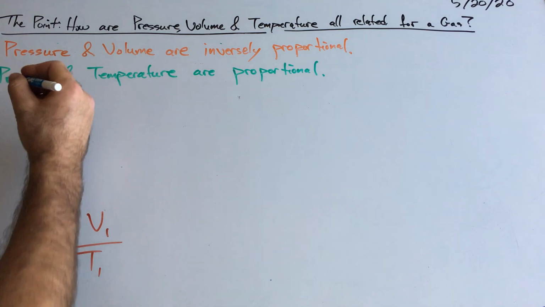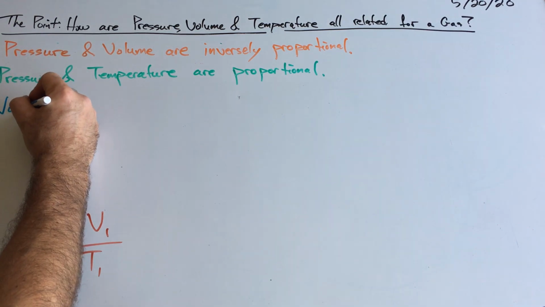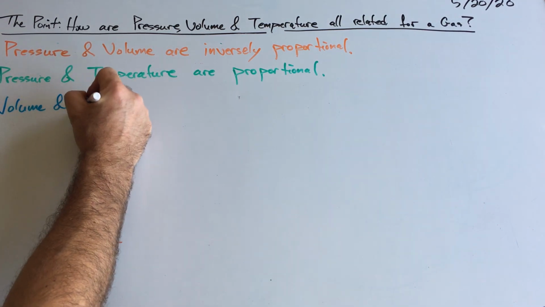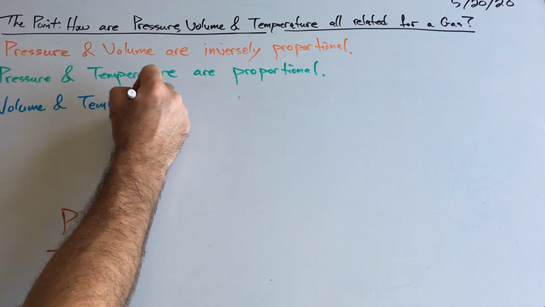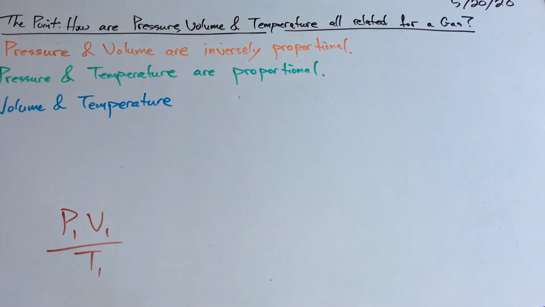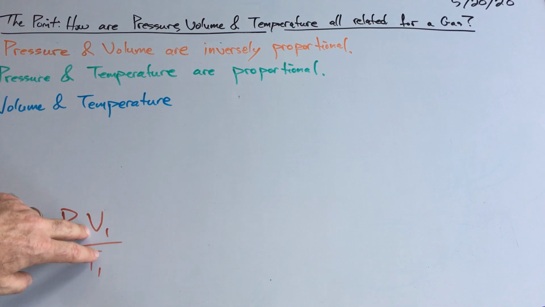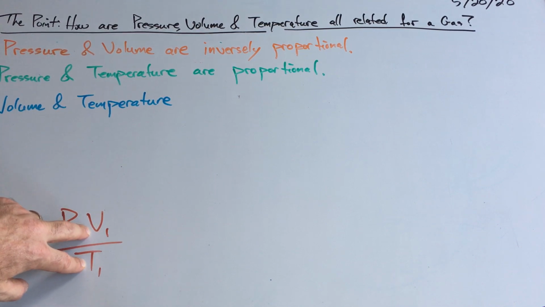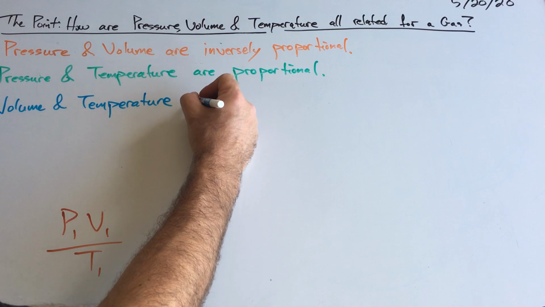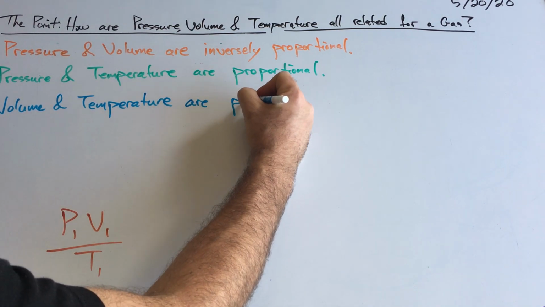And last but not least, volume and temperature. Volume and temperature, oh, that's a V. They're on different levels. One's on the top, one's on the bottom. If they're on different levels, they act the same, are proportional also.